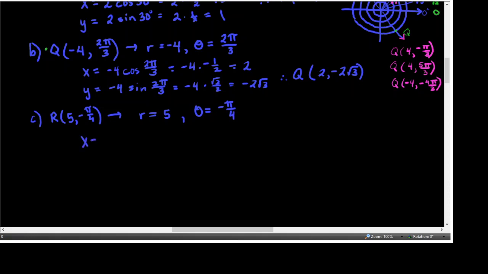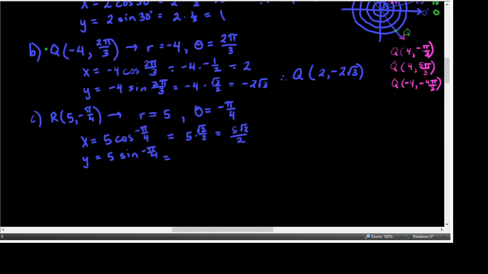So, using what we learned, x is equal to r cosine of theta. Y is equal to r sine of theta. We know that cosine of negative pi over 4 is square root of 2 over 2. So that's 5 square roots of 2 over 2.